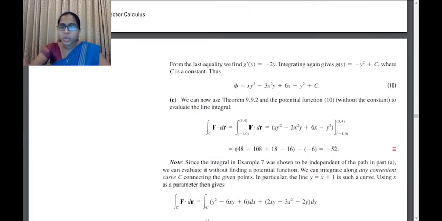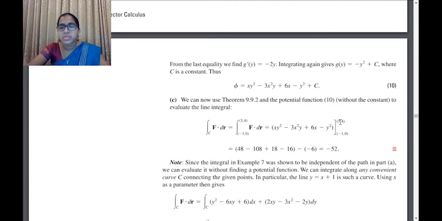We know what φ is. So the integral from (−1, 0) to (3, 4) of F·dr is nothing but φ(x, y) varying from (−1, 0) to (3, 4). And we know that φ is xy² − 3x²y + 6x − y². Here, when we calculate the integral, you don't need to consider the constant term c. So what will be the value? We'll substitute (3, 4).